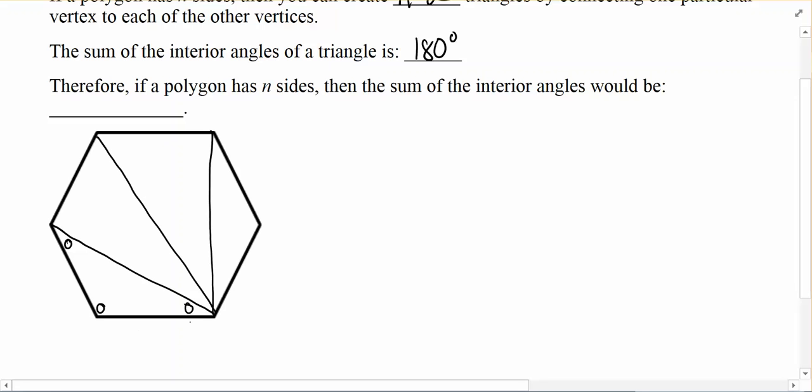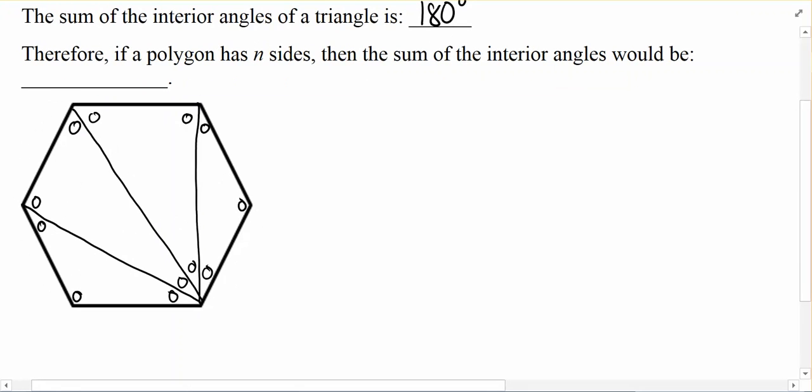and these angles add up to 180, and these angles add up to 180, and those angles add up to 180, and those angles add up to 180, then if I add all those angles up, that would be the number of triangles I had times 180 degrees.